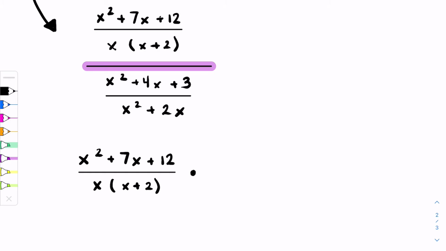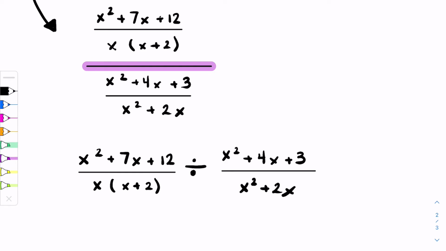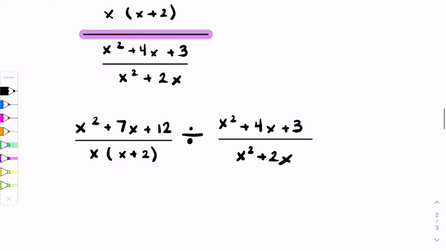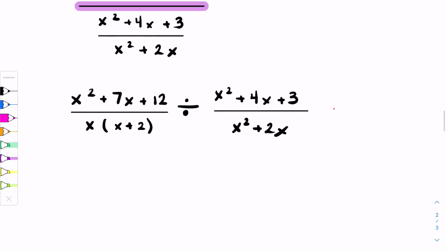And now we are going to be dividing by x squared plus 4x plus 3 divided by x squared plus 2x. Now in the next step, I'm going to flip the second fraction and I'm going to multiply. But within this step, I'm also going to factor. So anything that I can factor, I need to go ahead and do that.